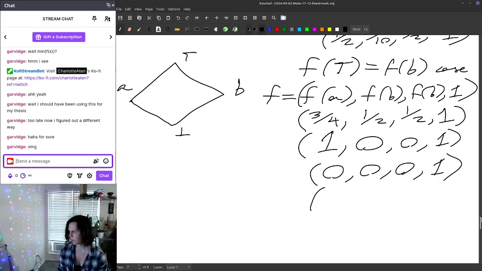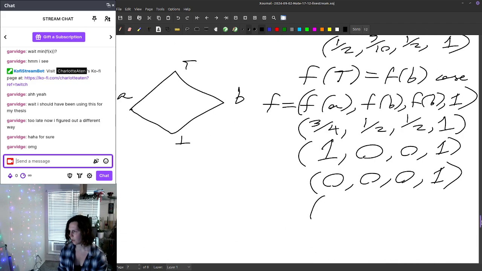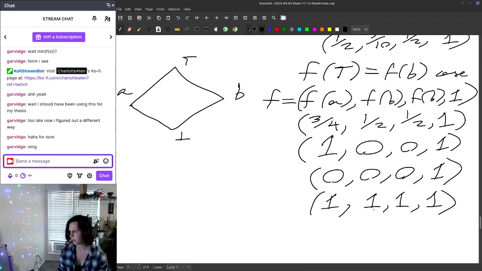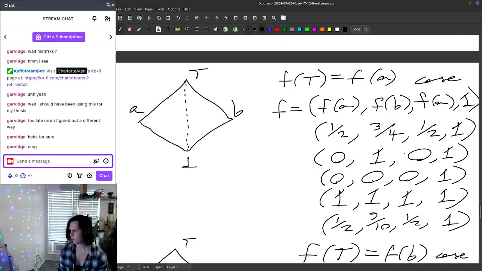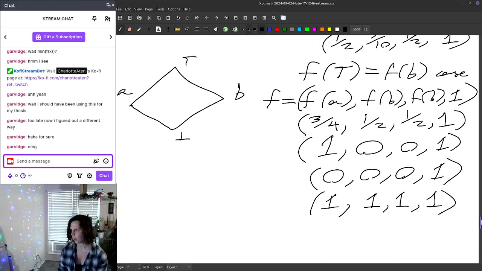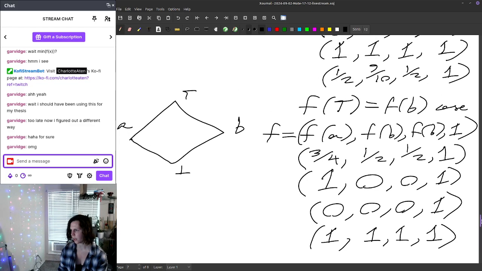And similarly, I could also make f of b 1, in which case f of top is 1, this always has to be 1, and then I would have to choose that to be 1, because it has to be even bigger than this. And then of course I can choose other combinations of things as well, as I did over there.